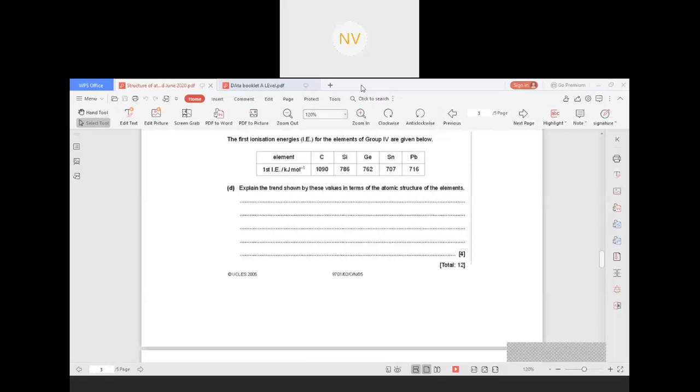I heard from your discussion that you talked about going across the period. That is not allowed, because here it is only describing down the group. Do not relate it with across the period.